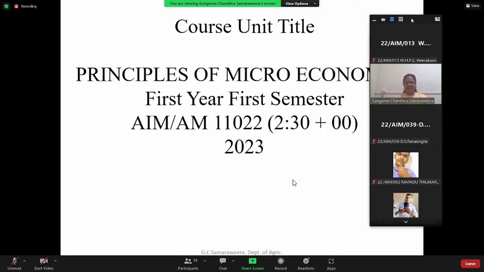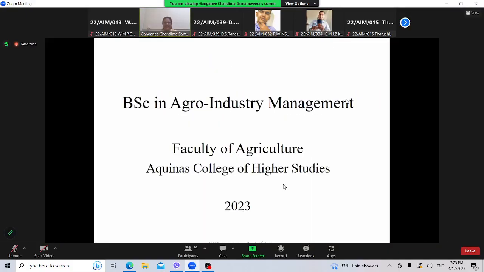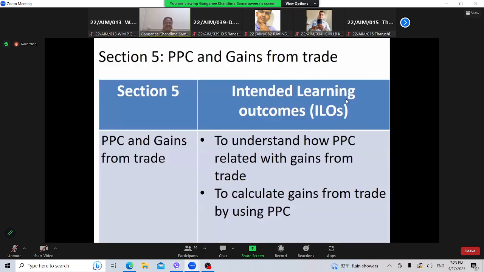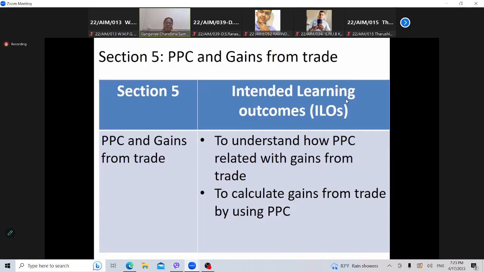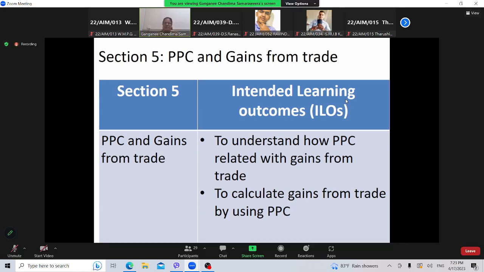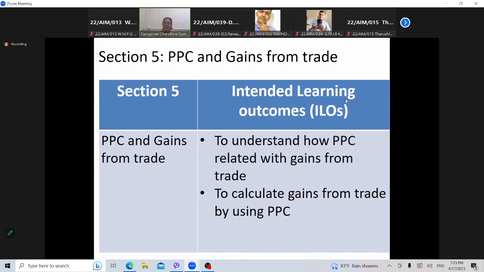Hope you all can see the screen. Okay, so today we need to study this, because production possibility curve, hope you all understood how to draw the production possibility curve, how we derived the curve and all.